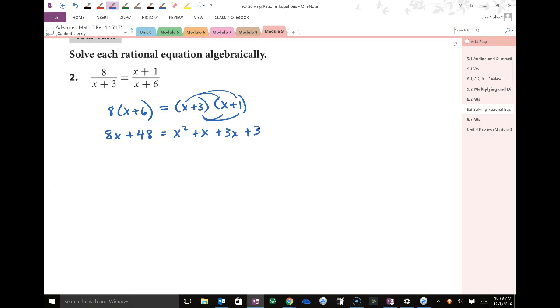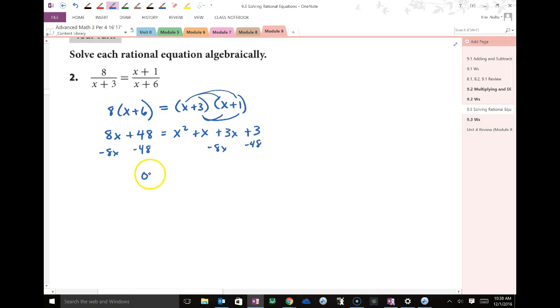Okay, so I got a quadratic. What do I do? Simplify, equals 0. Okay, simplify. I need it set equal to 0 to solve a quadratic. So my x squared term is positive on the right, so I'm going to pull everything to the right-hand side. Okay, so I'm going to subtract this 8x over, and I'm also going to subtract the 48.